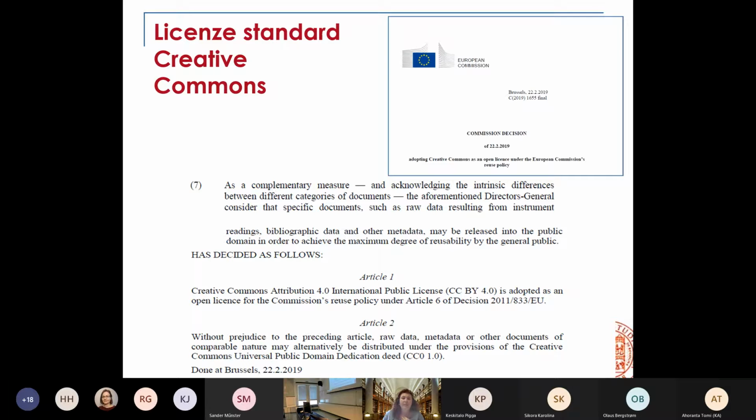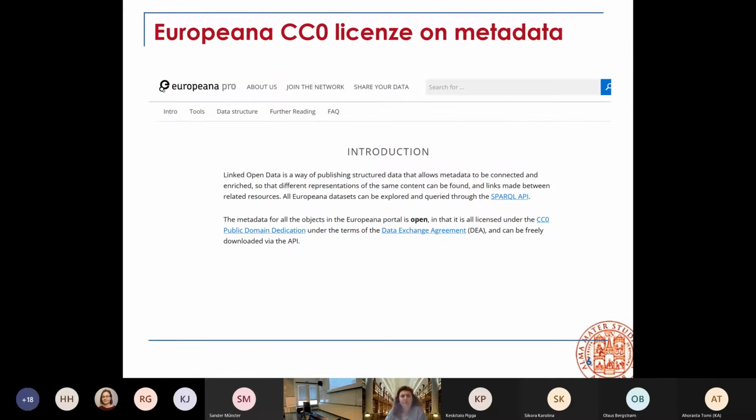Unfortunately, you can see that CC0 is recommended for raw data, and that is okay in my opinion, but also for metadata. And this creates a great problem for cultural heritage, which we have already faced with the Italian Ministry of Cultural Heritage, and also in our projects.